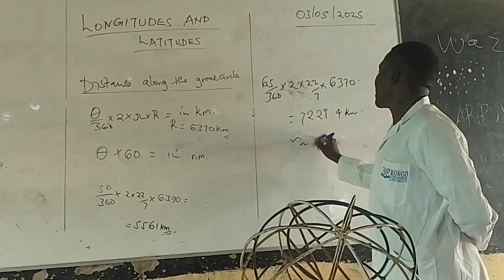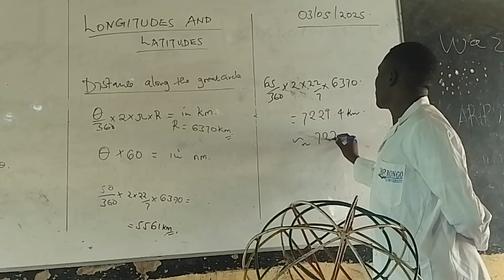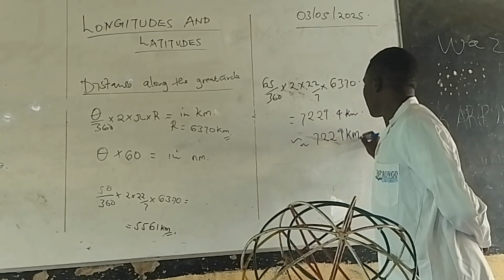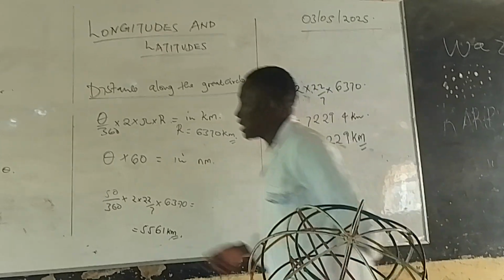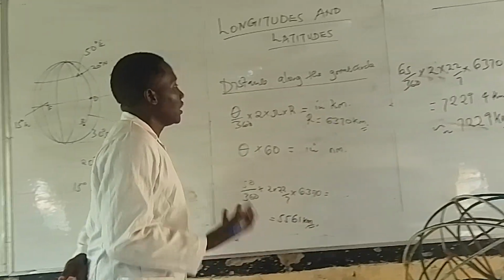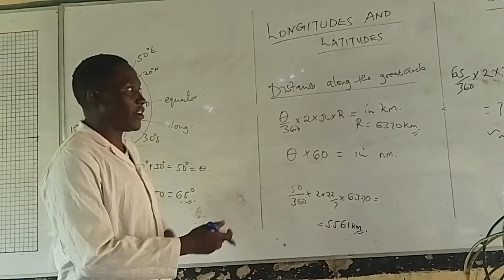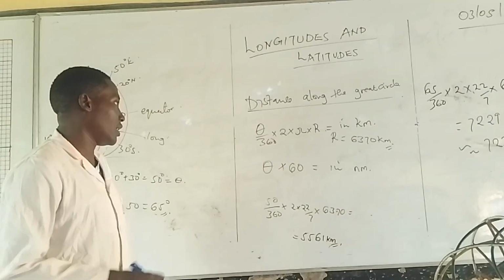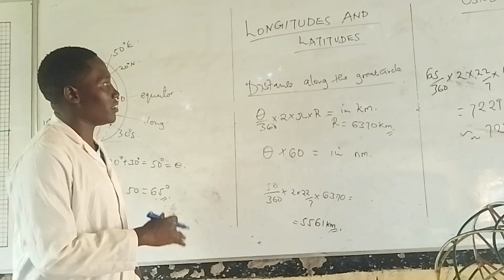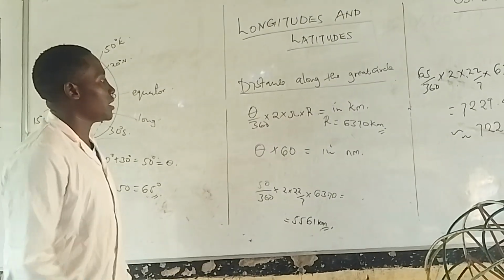So it is approximated as 7229 kilometers. So that is how we can calculate the distance along the great circle.